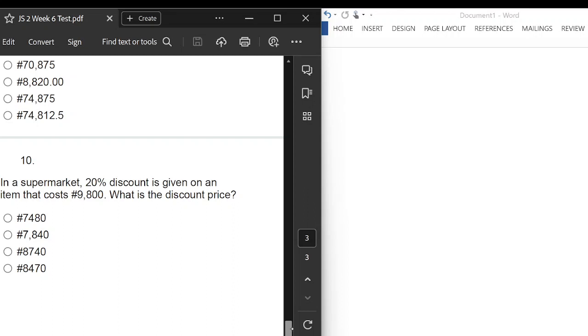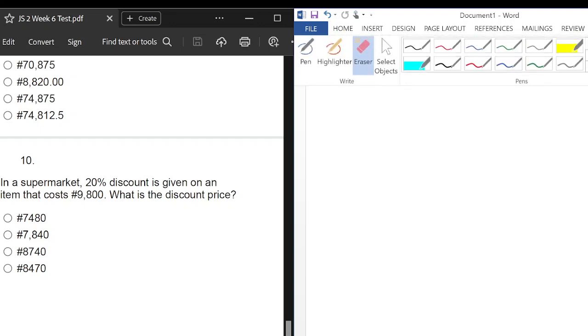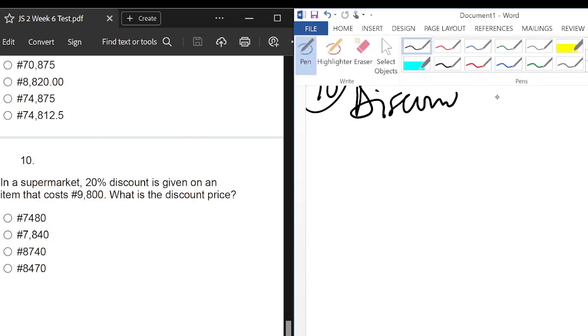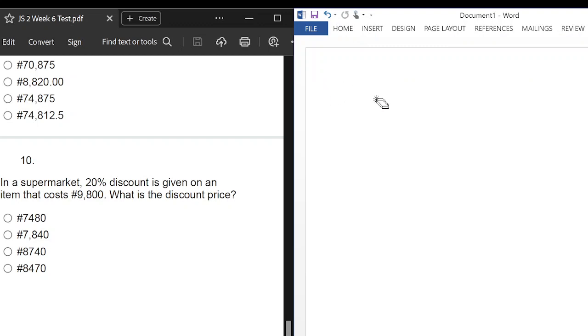Let me use the other method first. So let's calculate the discount first.